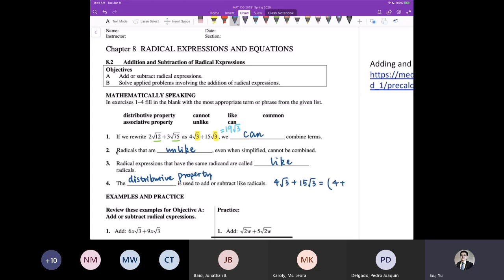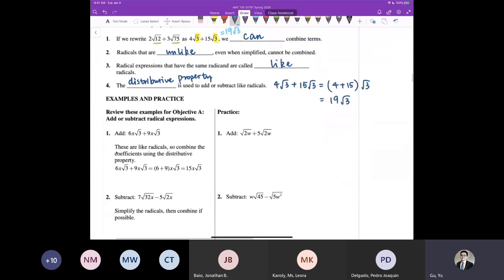So it's 4 plus 15 times radical 3. And that's the distributive property, but in the reverse direction. And that gives us 19 radical 3. This is also how we combine algebraic expressions. We take out the common variable part, and then we add or subtract the coefficients. Same idea. Let's look at some examples.